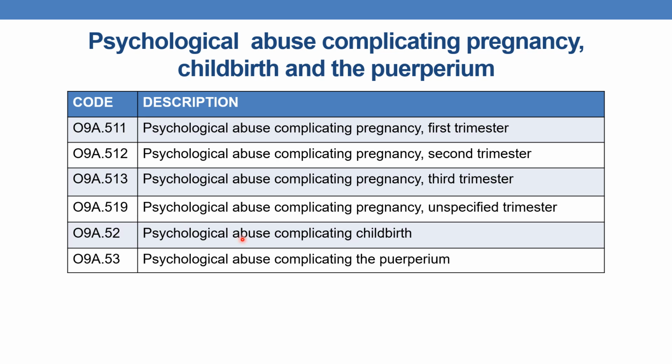O9A.519 indicates psychological abuse complicating pregnancy unspecified trimester. And O9A.52 indicates psychological abuse complicating childbirth, and O9A.53 indicates psychological abuse complicating the puerperium. These are the various codes of abuse in pregnant women.